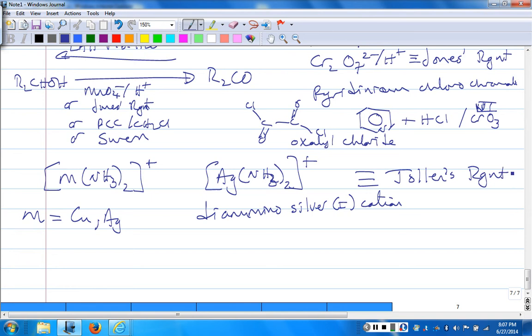When we use the copper species, the diamino copper 1 species, there are 2 different names for it, and it depends on the counter ion. The counter ion is typically tartrate or citrate. That gives rise to Benedict's solution or Fehling's solution.